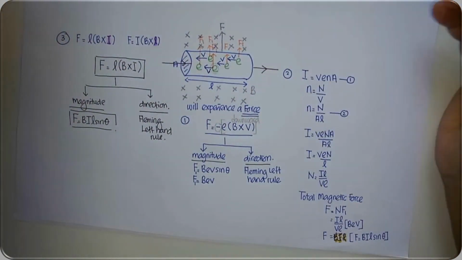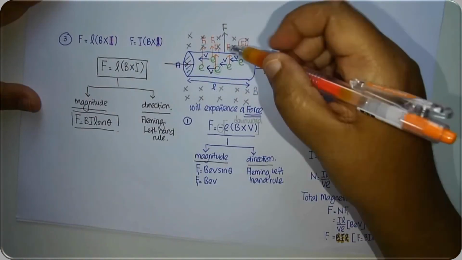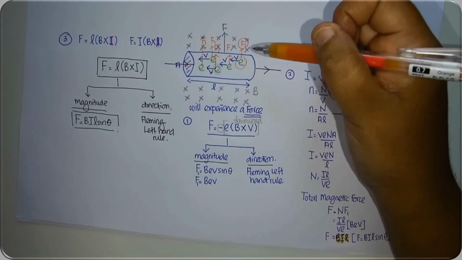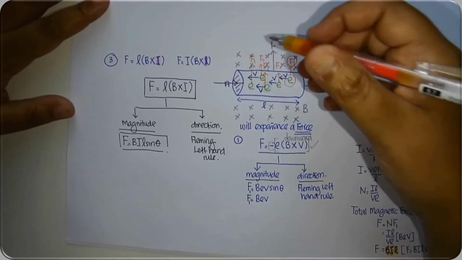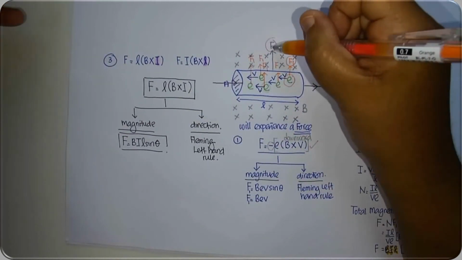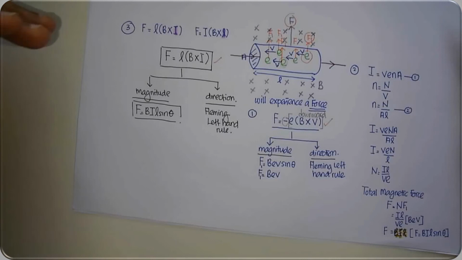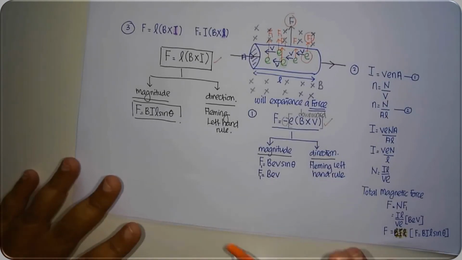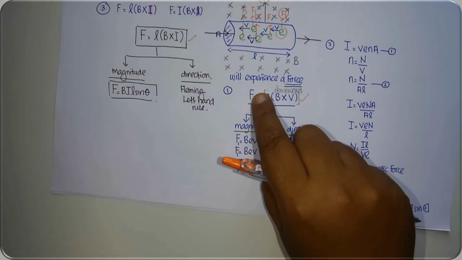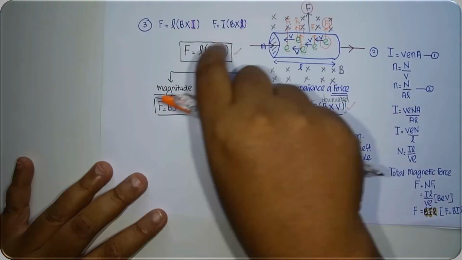I just want to let you all know that this F1 is the concept you use for a moving charge, and this F is the concept you use for a current carrying conductor. So you have to use the right concept for the questions given in the examples.